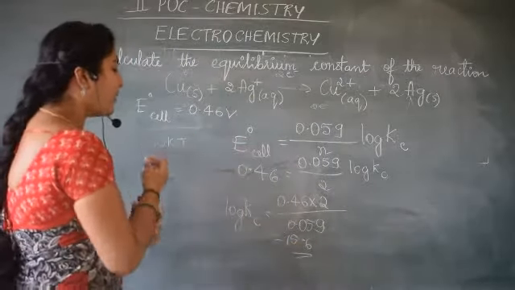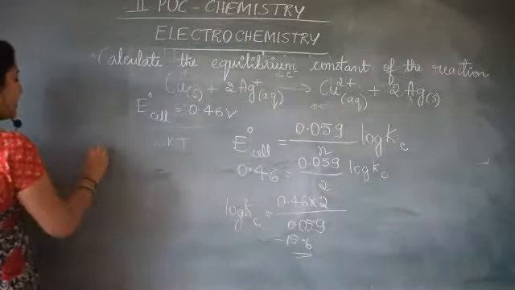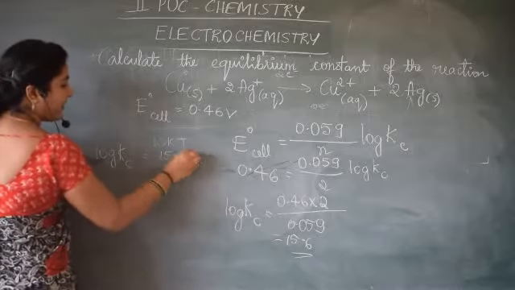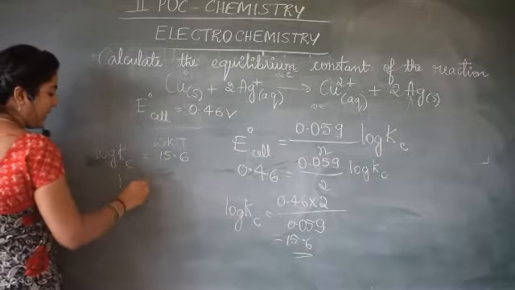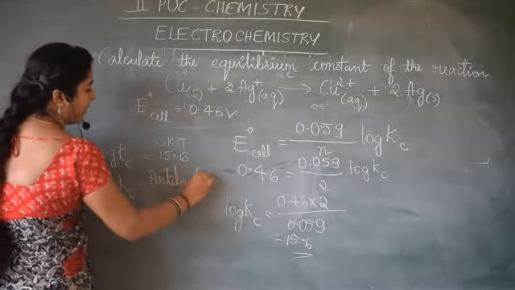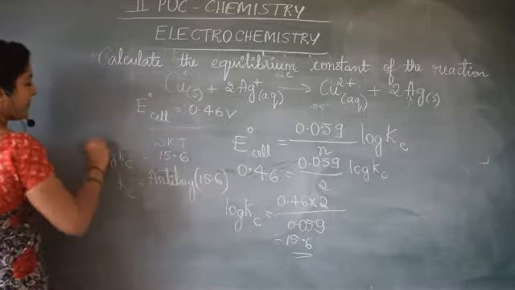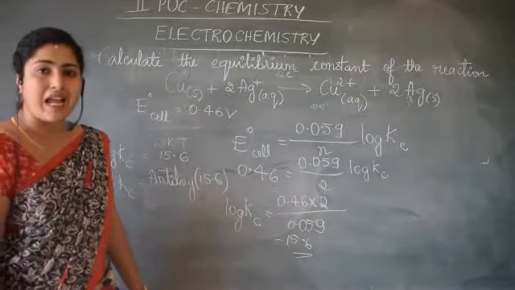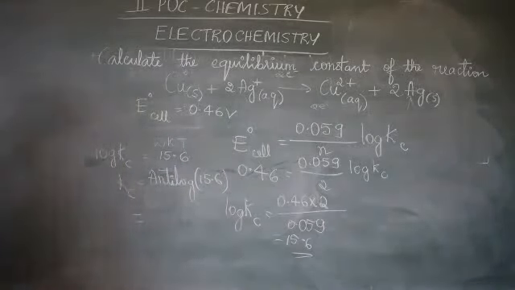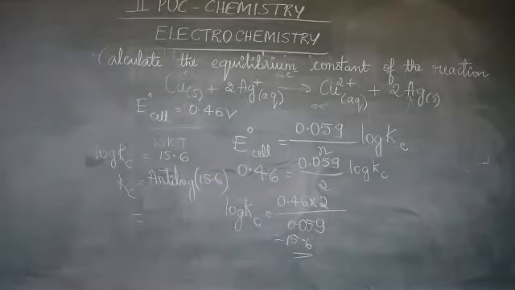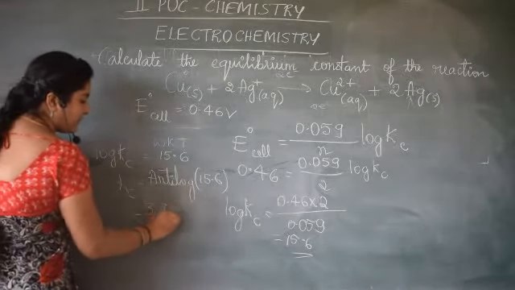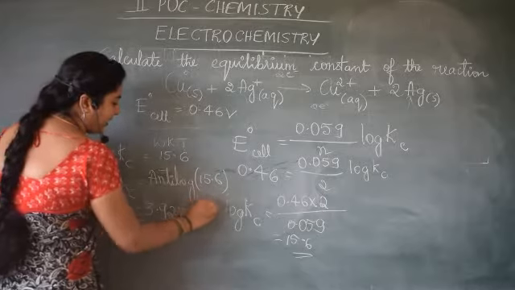We want the value for the equilibrium constant. So we have log Kc is equal to 15.6. Therefore Kc is equal to the anti-log of 15.6, isn't it? When you shift log to the other hand side, it becomes anti-log. So you have to take the anti-log value of 15.6. Please do calculate, you will get the equilibrium constant as 3.92 into 10 to the power 15.